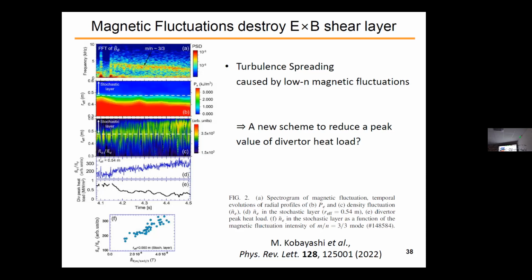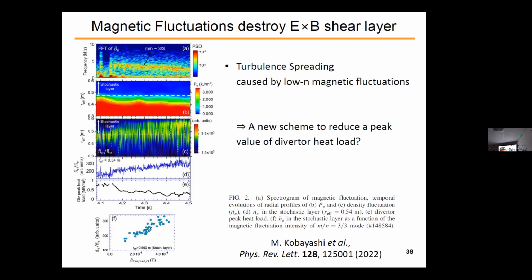And there is a recent work from LHD that some low m magnetic activity can partially destroy the pedestal and increase ambient turbulence in that region and make a stochastic layer.